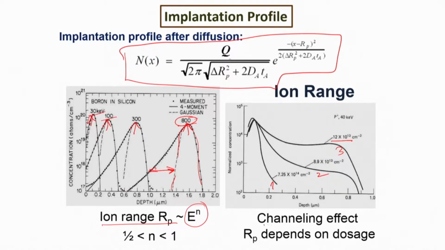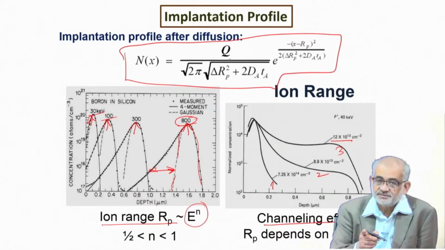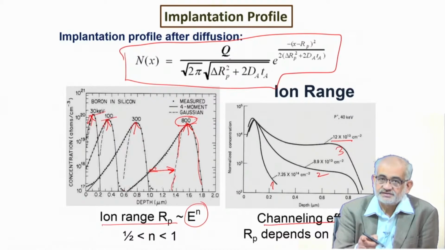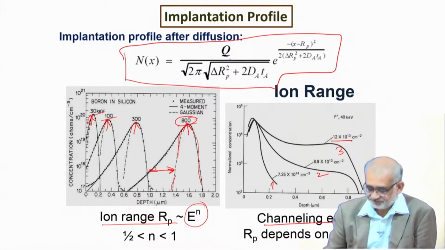And this is because of the so-called channeling effect. Some of the ions will find their way to go deeper before encountering the first collision event. So as a result, they manage to find a greater number of channels which allow them to penetrate deeper.